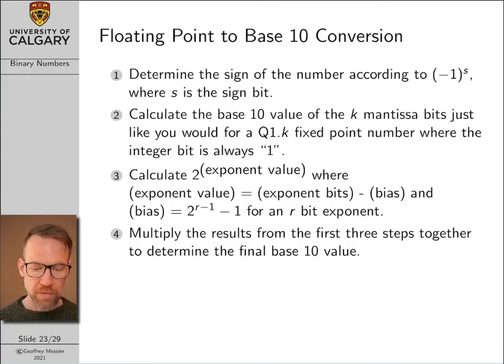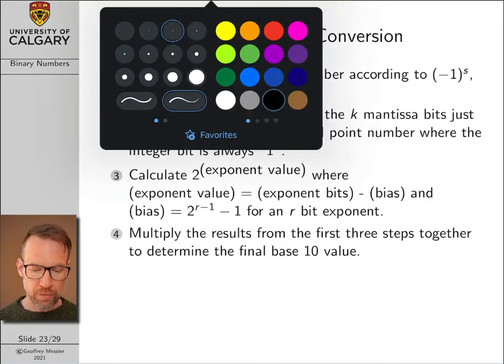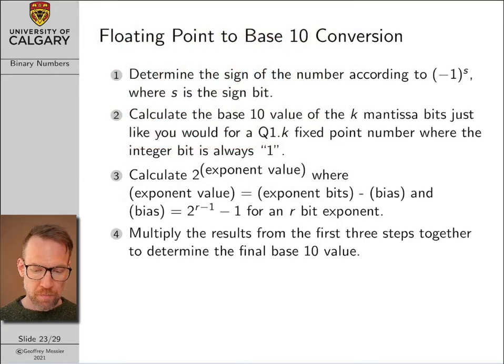So starting with floating point to base 10 conversion, the first step is to determine the sign of the number according to the expression -1 to the exponent of s, where s is the sign bit. So if s is equal to 0, this term is equal to 1, and if s is equal to 1, it's equal to -1. So 0 is a positive number, 1 is a negative number.